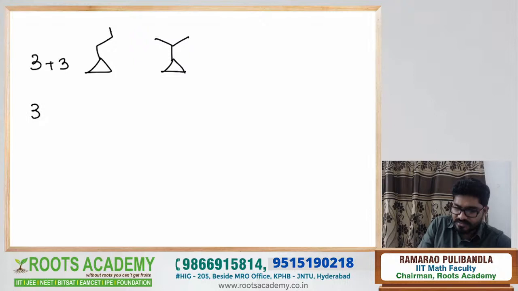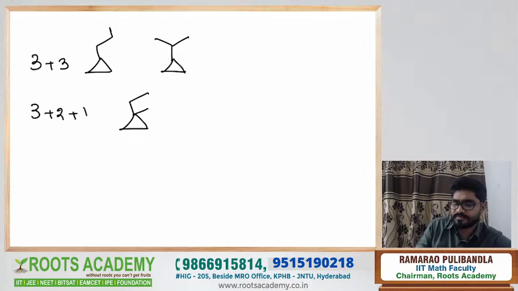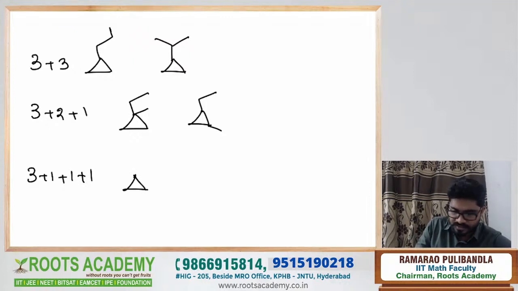Next, 3 plus 2 plus 1 also we can take now. 2, 1 here. 2, 1 here. Next, 3 plus 1 plus 1. So 3-membered ring, 1 here, 1. 3-membered ring, 1 here, 1 here, 1 here.